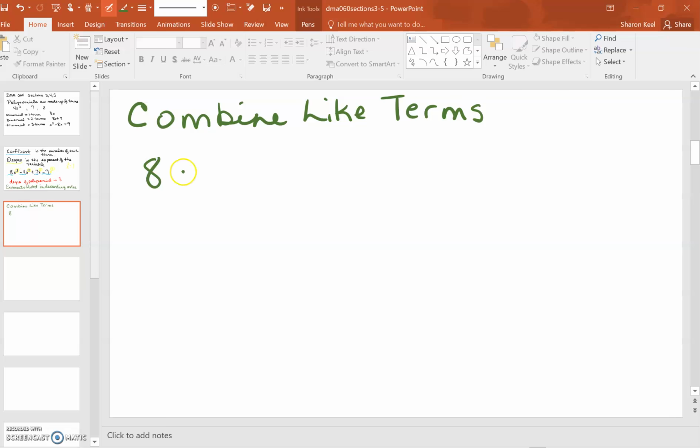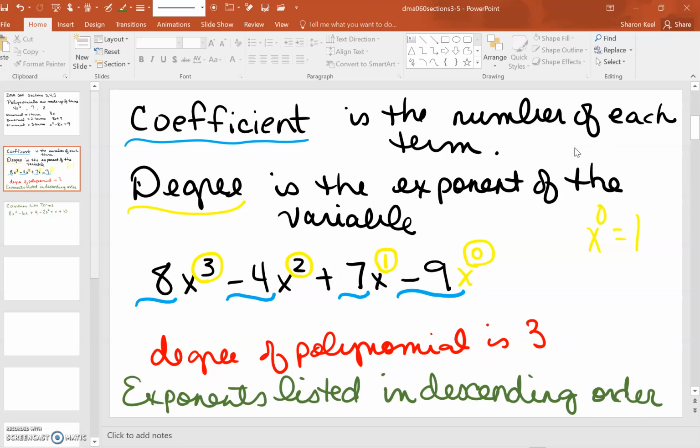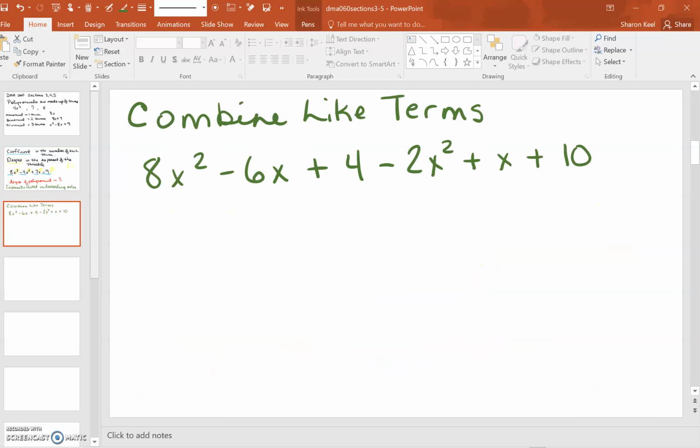So if I were to have 8x squared minus 6x plus 4 minus 2x squared plus x plus 10. Let's say I have this particular polynomial. If I need to simplify this polynomial, I'm going to combine like terms.